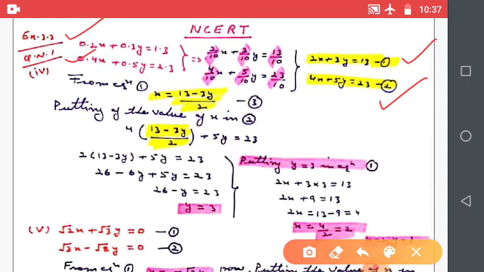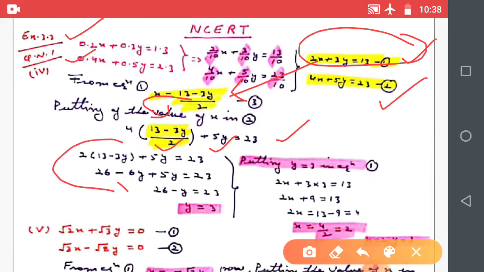Now from equation 1, get the value of x as (13 - 3y)/2 and put this value in equation number 2 instead of x. So it is 4(13 - 3y)/2 + 5y = 23.